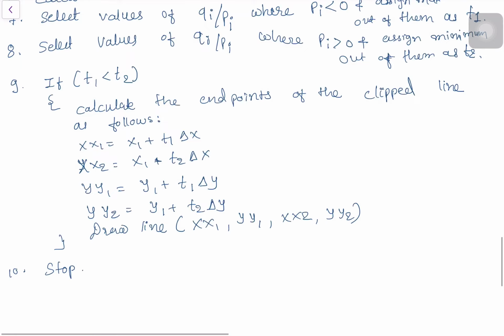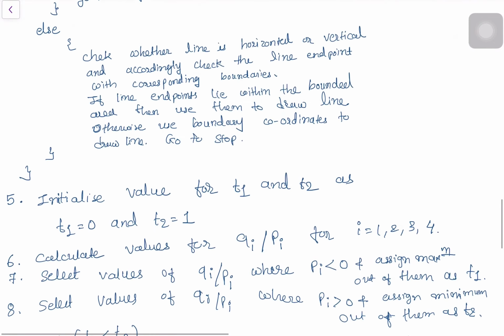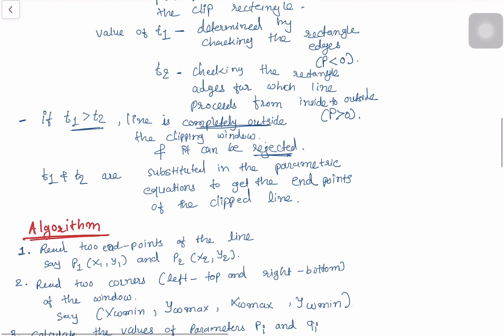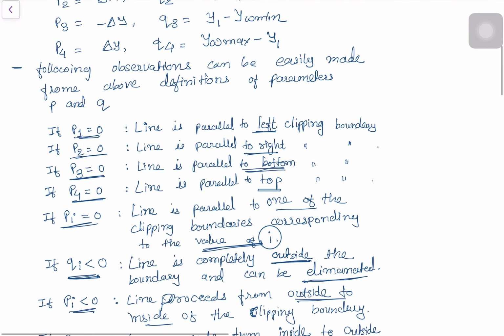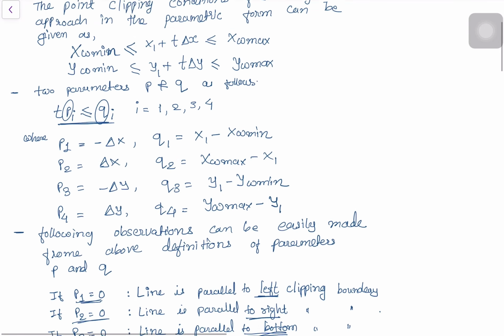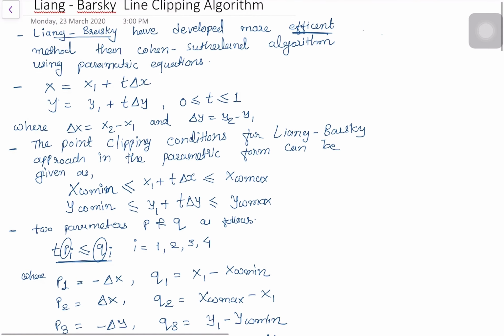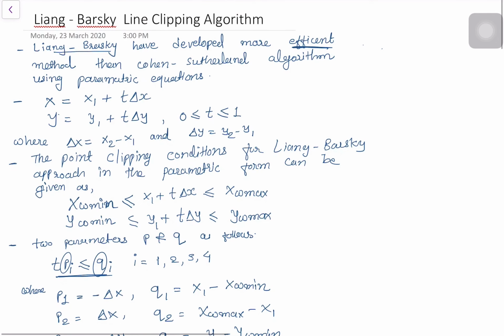So this is the algorithm to find the parametric equation and all the points for the Liang-Barsky line clipping algorithm. What is the advantage of the Liang-Barsky line clipping algorithm?